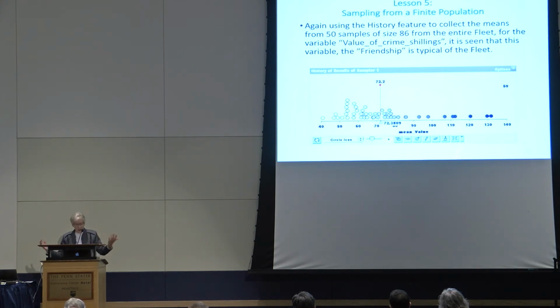So we're talking about means now, and the mean of the set of means from the 50 random samples. We notice that the mean is 72 point whatever for the whole fleet, and it's almost the same, so we can say this is a typical ship. That's not so exciting to you, but we were getting the students into that and a little bit of Australian history.